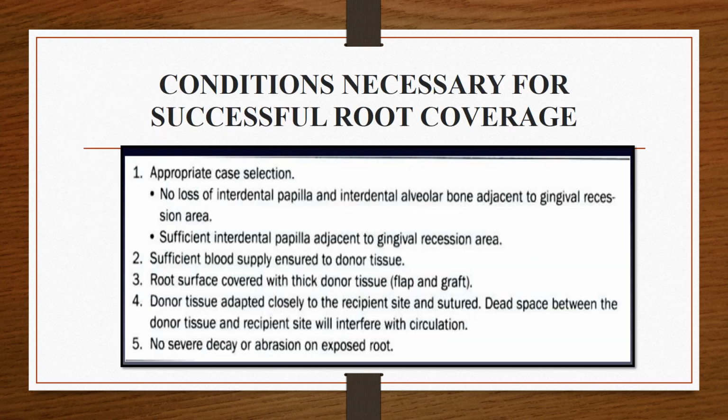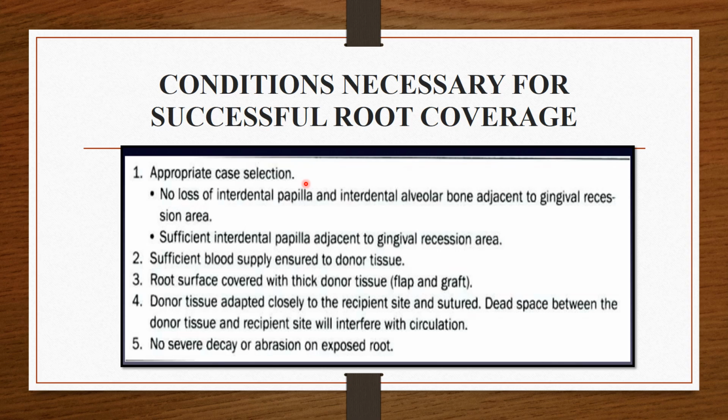So coming to the conditions necessary for successful root coverage. Appropriate case selection is very important. There should be no loss of interdental papilla and interdental alveolar bone adjacent to the gingival recession. If there is bone loss, the root coverage procedure alone will not help to correct it.